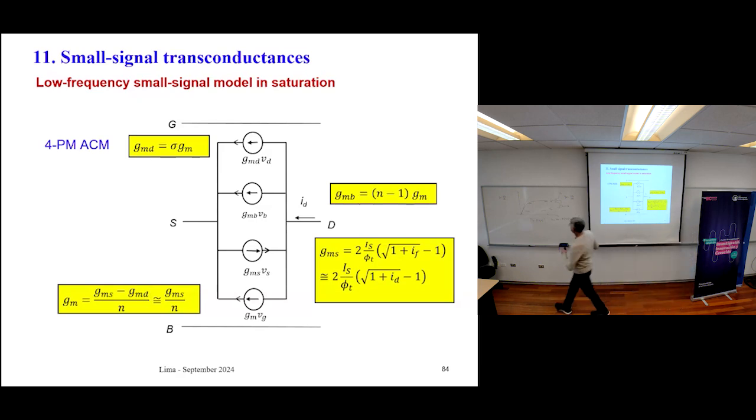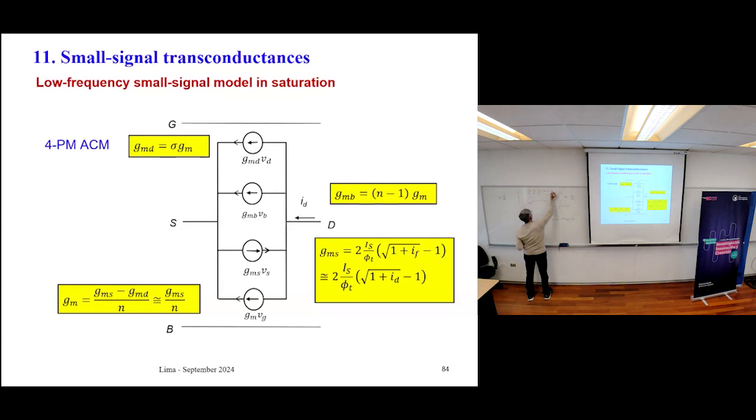Because what's this ID? Just recall the meaning of the forward and the reverse currents. If I divide by IS here, IS there, and there, this means that this is what we call the normalized drain current.